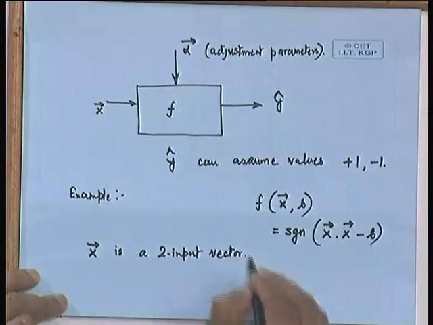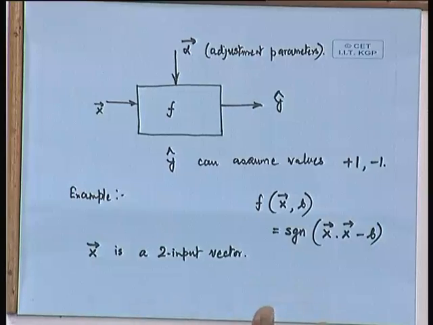So, this is another simplified assumption that we are making, that we will be understanding the VC dimension concept from a very simplified dimensional point of view. So, we are considering a 2 input vector. So, our x vector is a 2 input vector. That means to say that the patterns that we are going to have will be forming a set of points in the 2 dimensional space.